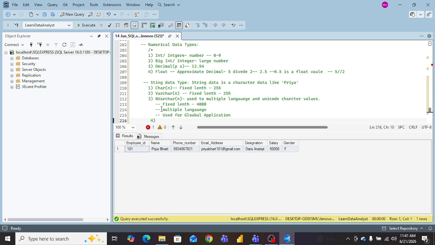The fourth one is text. What is the text here? We use it for large text. How large? Large text means 65535. It is used for large text, and the length is 65535.